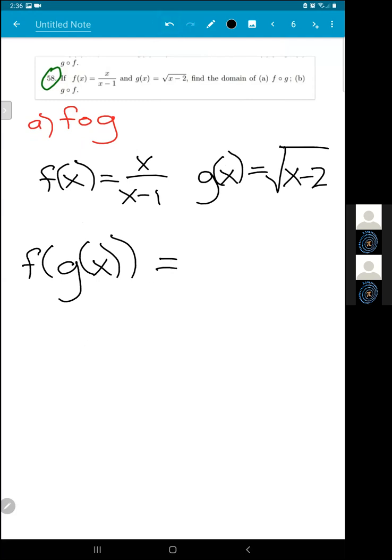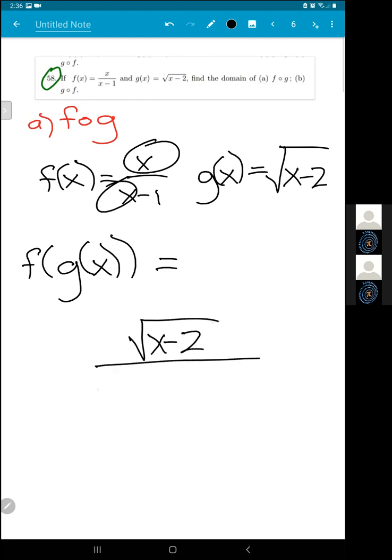So you will get the following. Plug in here, plug in here. Okay, that's what you have. You call this function composition.